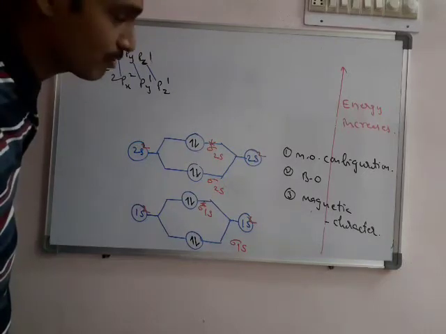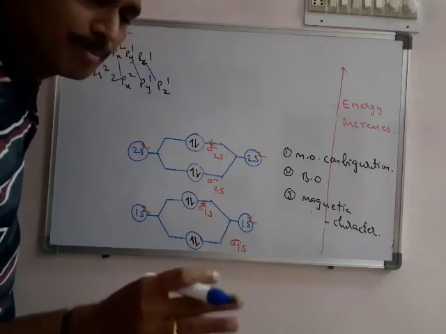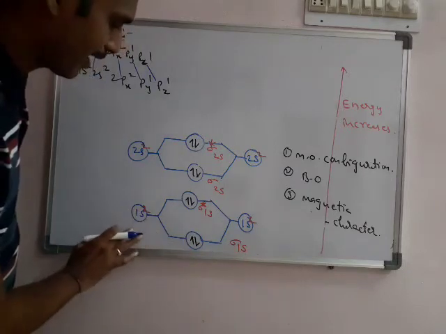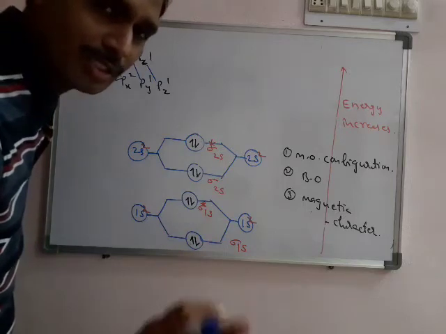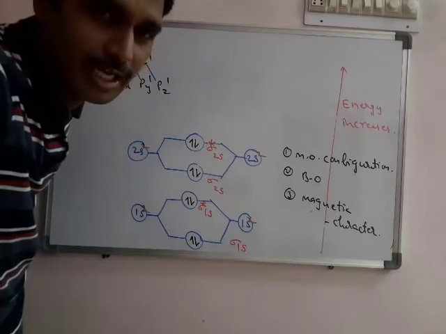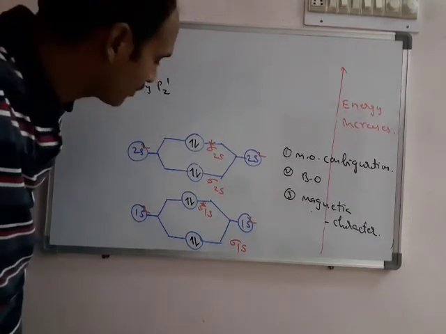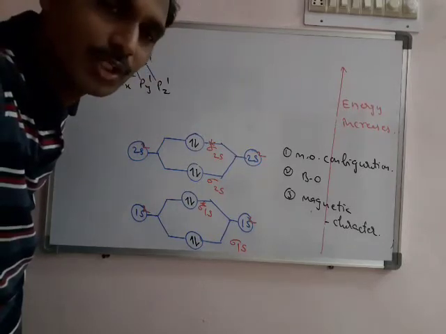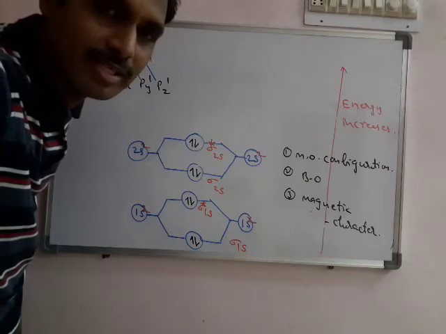That's why we removed this diagram. We need to draw the diagram separately because it differs. The 1s and 2s combinations are the same in all molecules having 14 electrons and above 14 electrons. The only difference is in the energy order of 2px, 2py, 2pz after 2s.